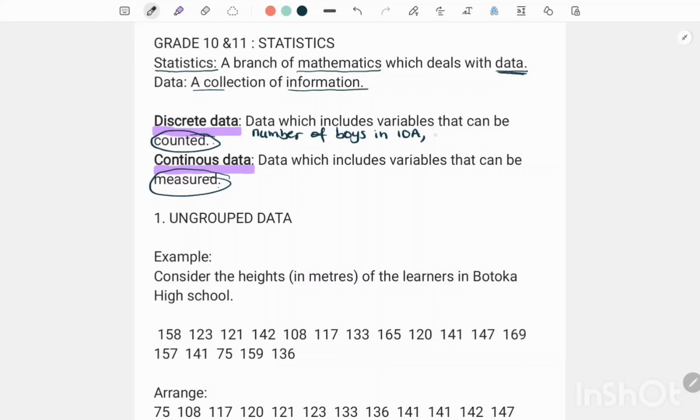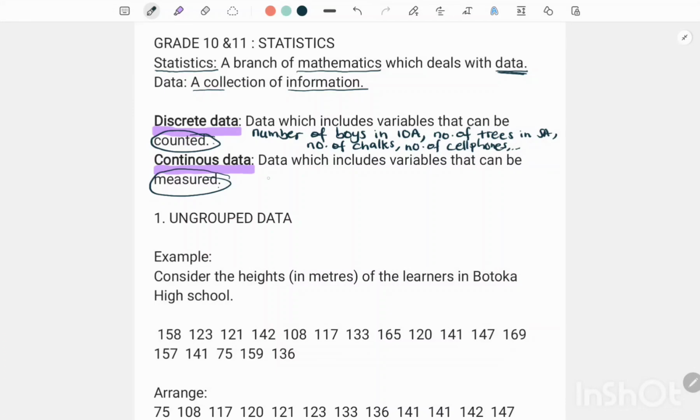Then example again, the number of trees in South Africa, the number of chalks, the number of cell phones, and so on. So as long as you can count it, it is discrete.